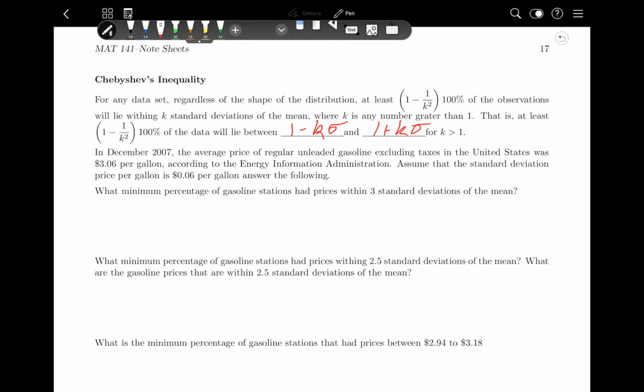So what minimum percentage of gasoline stations had prices within 3 standard deviations of the mean? Well, to do that, our k is 3, so we just do 1 minus 1 over k squared times 100%. In this case, our k is 3. Okay, and so we can put that in a calculator.